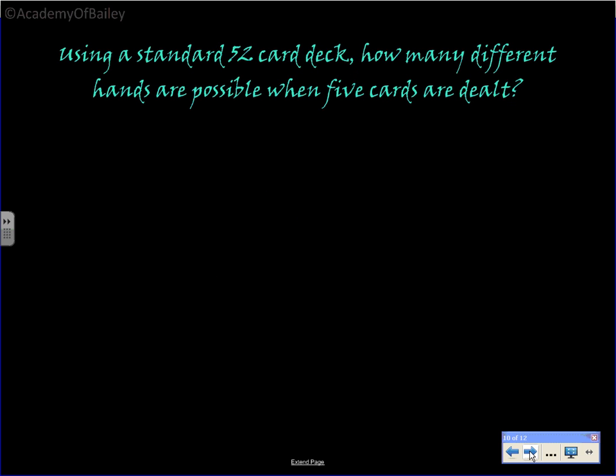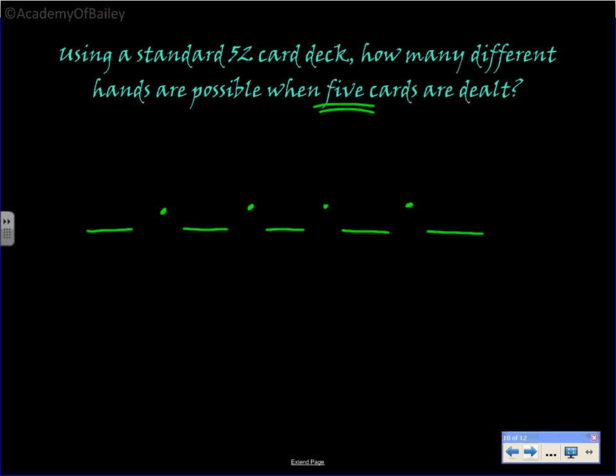And some card games actually will give you 5 cards. So what's the total number of different hands that you could possibly get when playing with a 5-card hand? 1, 2, 3, 4, 5 cards.